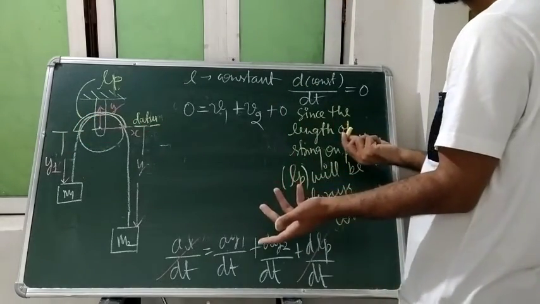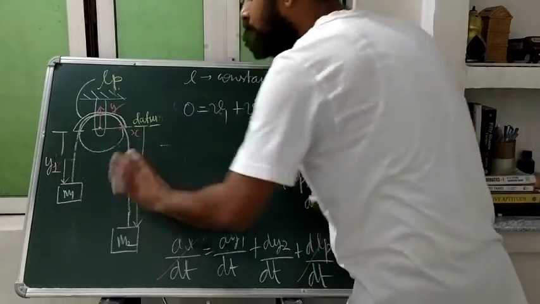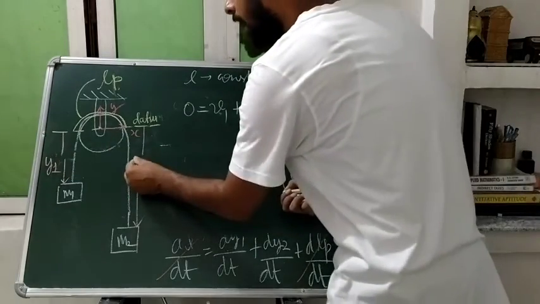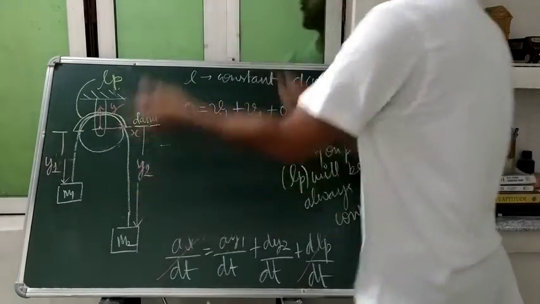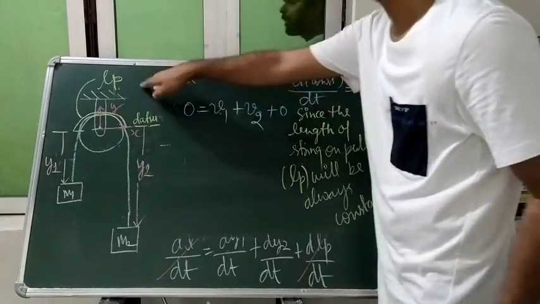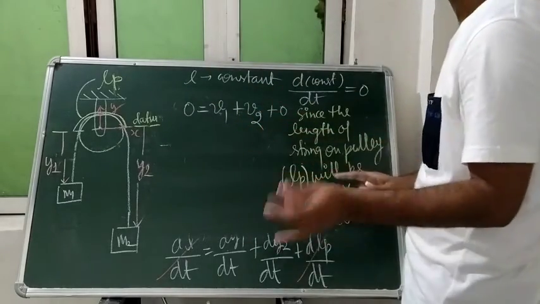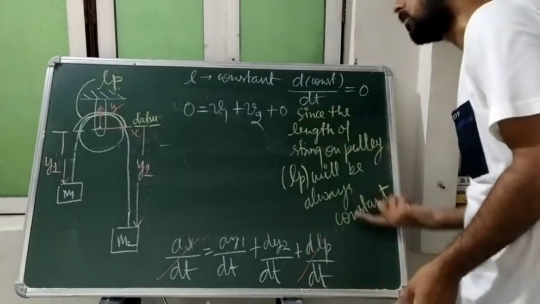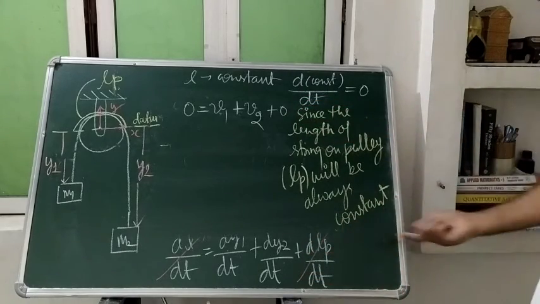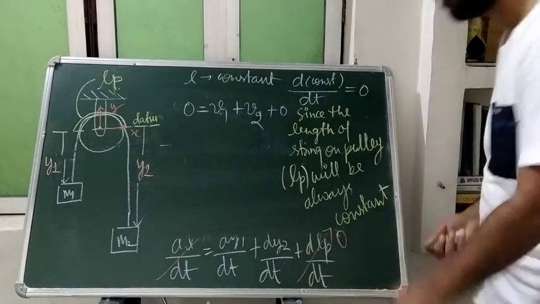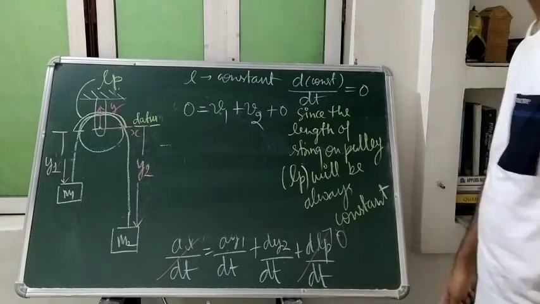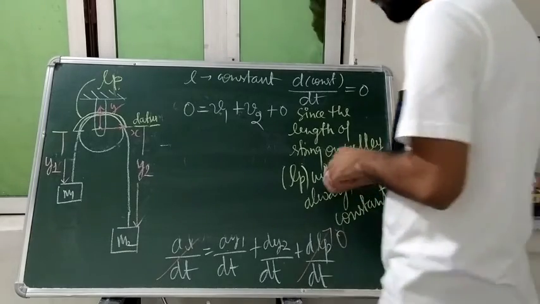It will be same. Whereas y1 and y2 can change when that pulley will rotate, but LP will remain same. Differentiation of a constant thing will become equal to 0 only. Getting it, student? And from here, what are we getting?